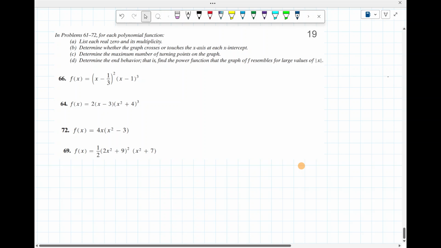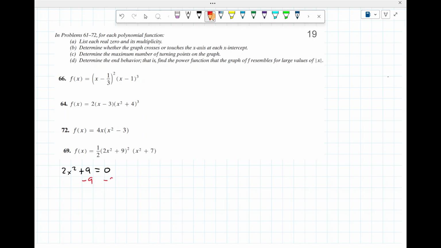What do we do? All right, so we'll start with this factor, 2x squared plus 9. So this function will be equal to 0 if 2x squared plus 9 is equal to 0. That's one way that this f of x could be equal to 0. So we're going to set that factor equal to 0, and we're going to solve for x.